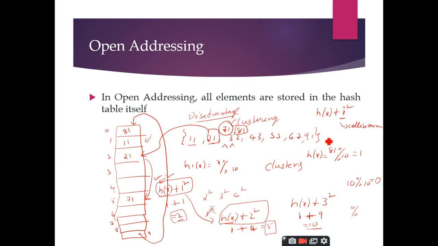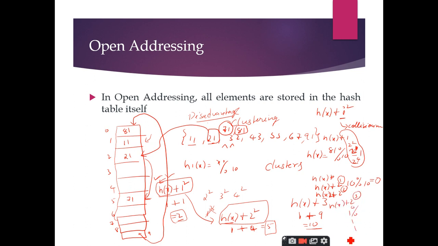Right, in some textbooks you will get the formula like this also. It will be h of x, and after that you will have 2 square, 2 cube and 2 power 4. So each and every time you get a collision, you will be using this formula. That is, h of x is the first one, and h of x plus 2 power 1 is for one collision. So when you have the second collision, h of x plus 2 square, and for the third collision, h of x plus 2 cube.